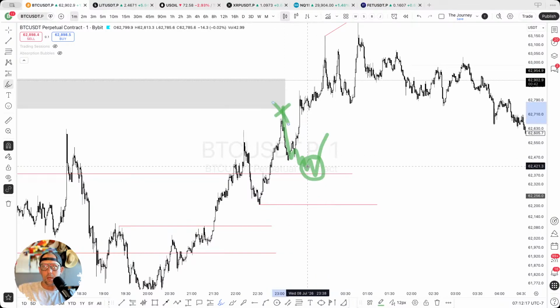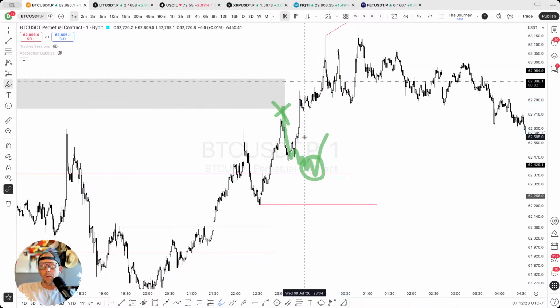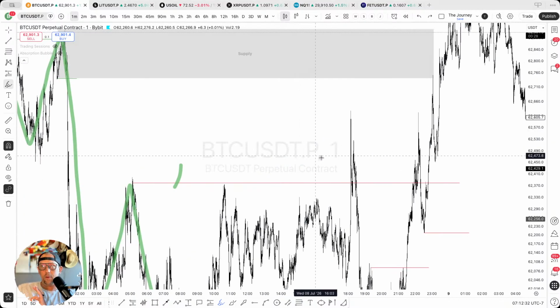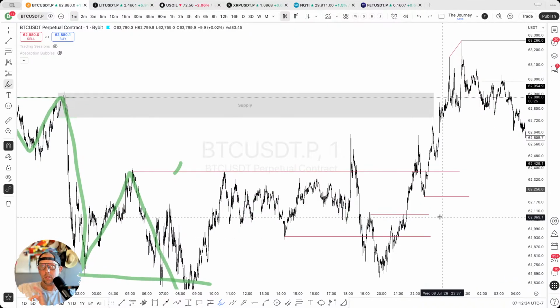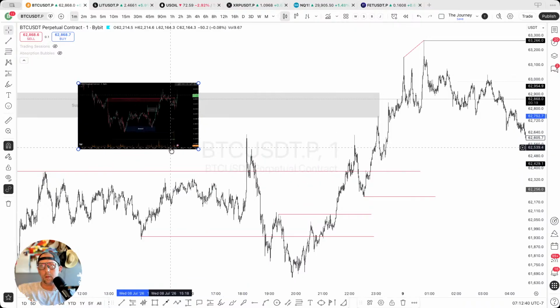Supply has done its job, but demand is in control. And now you don't have to worry about this supply anymore. Now you know you're going straight through it. So order blocks that don't work are nonetheless information. They are still useful information. Was there another one on here?